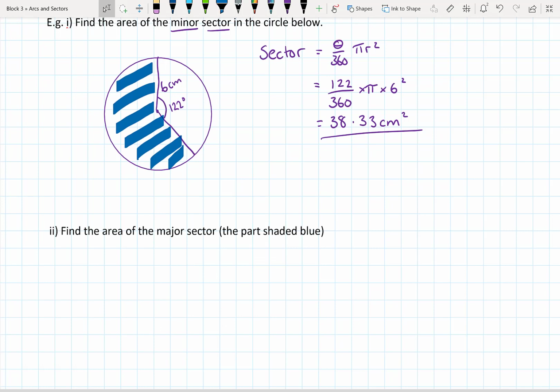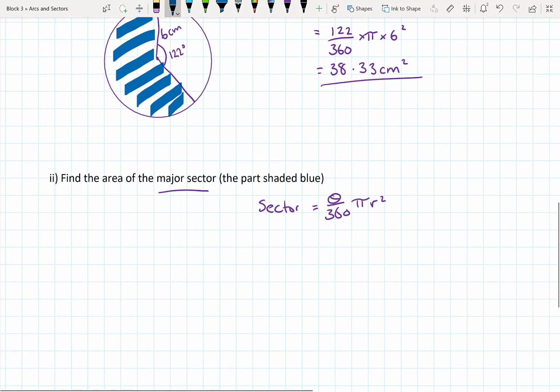The second part asks us to find the major sector. And trying to give us a clue here, the part shaded blue, the other bit that we haven't done, the bigger part. So in order to do it, we are going to need to do the exact same thing. Our sector is equal to theta over 360 pi r squared.